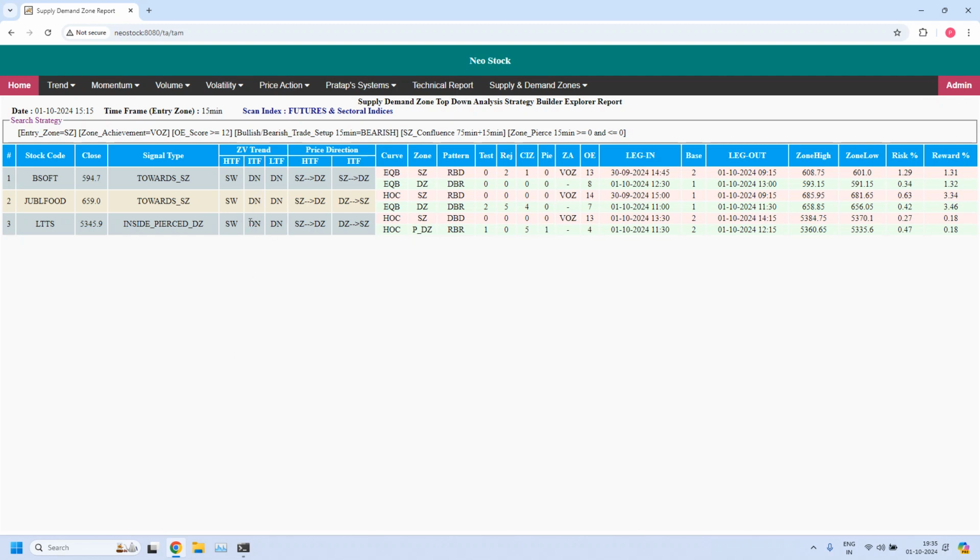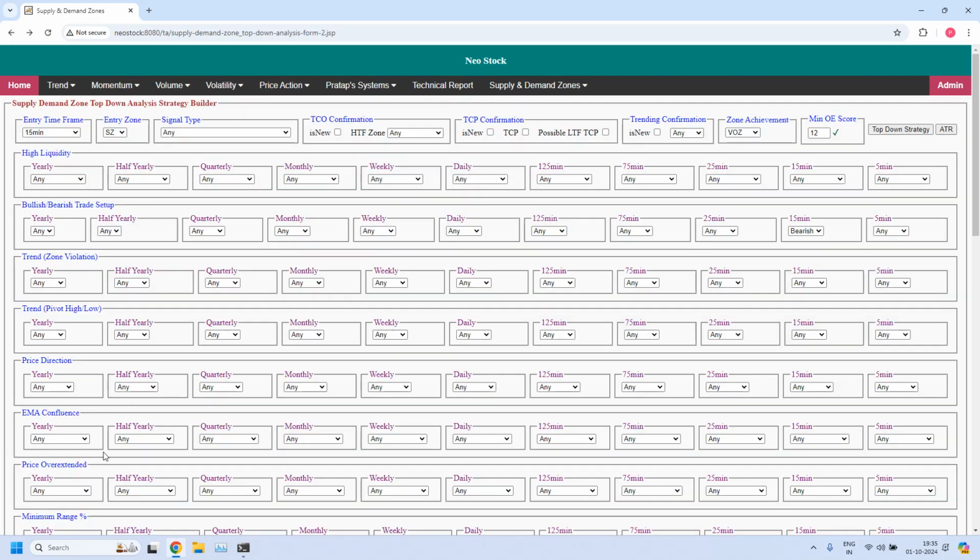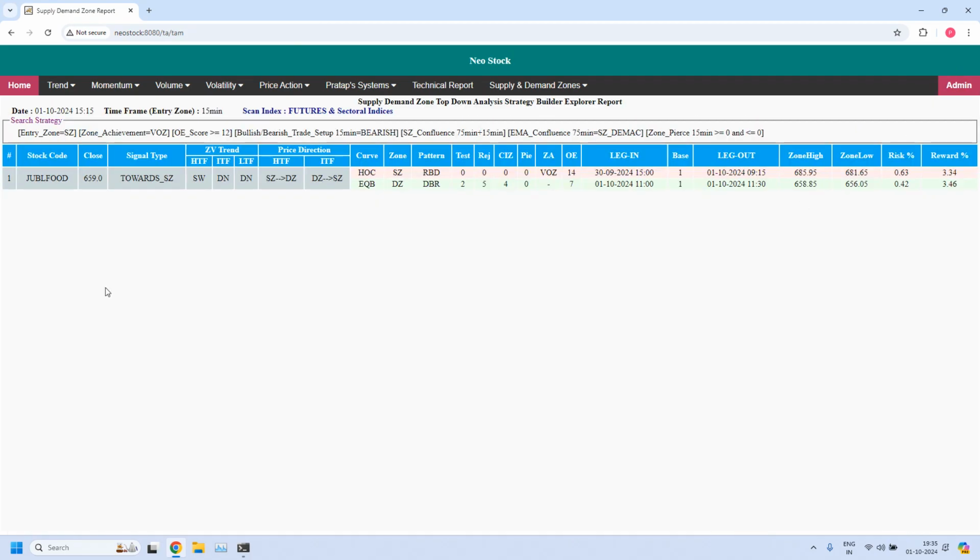Okay, because it is a downtrend, let's verify any 75 minute zone is having confluence with daily. So in the EMA confluence, 75 minute supply zone with daily EMA confluence. One stock is filtered. It is a high probability setup.